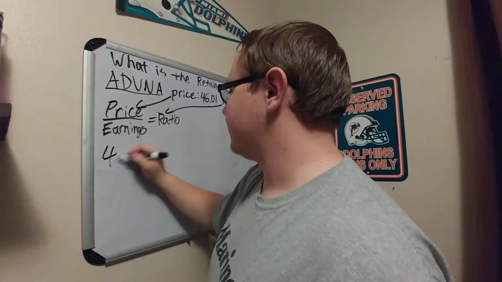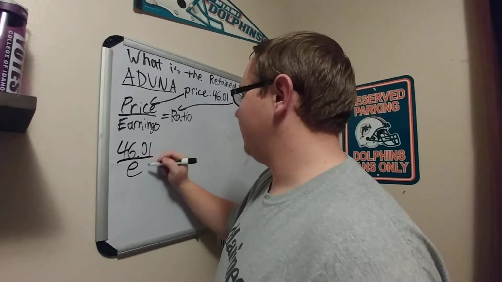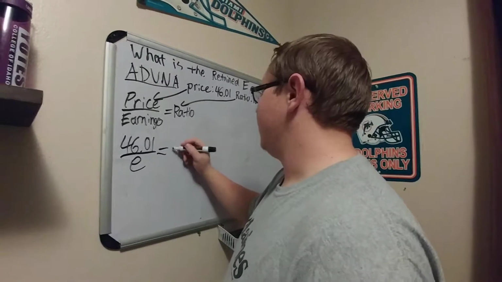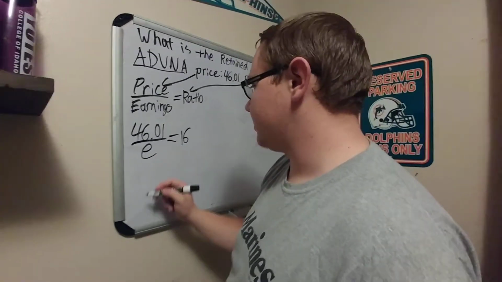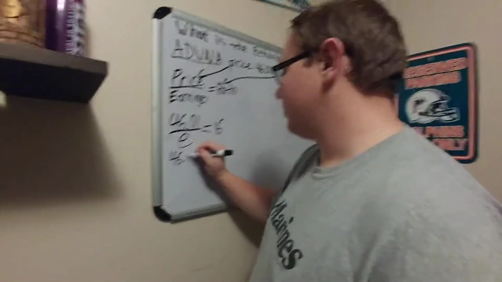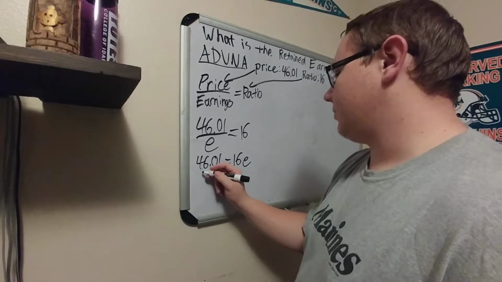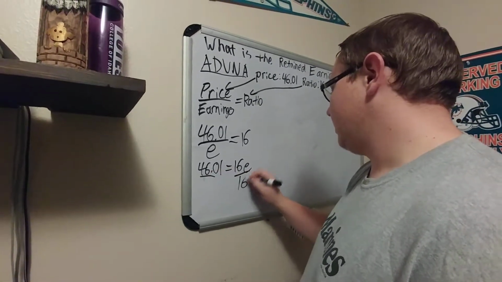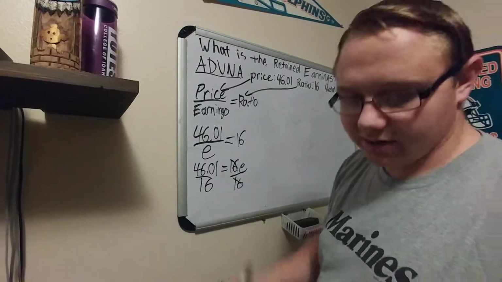So it's 46.01 over E equals 16. To figure out E, we're going to move this over. So it's 46.01 equals 16E. Then we're going to divide both sides by 16. So these are canceled.